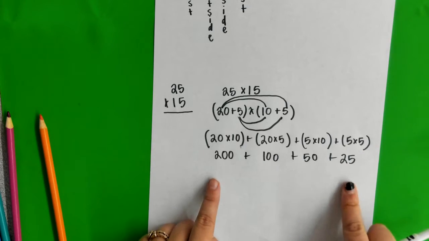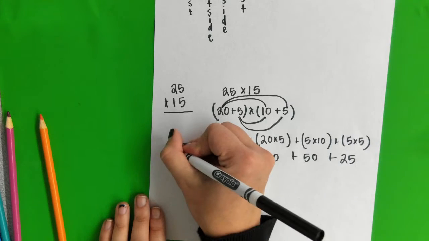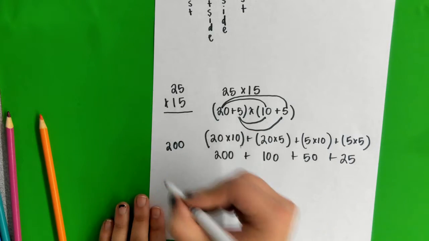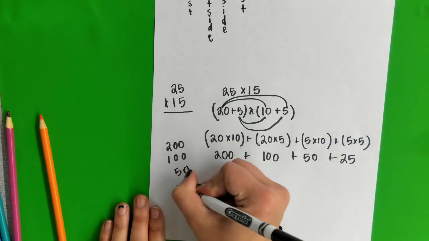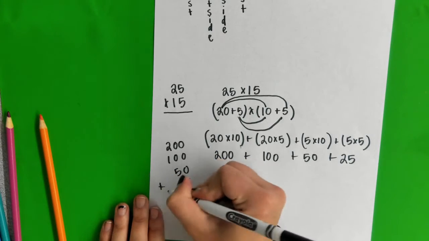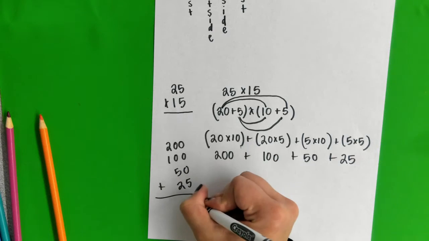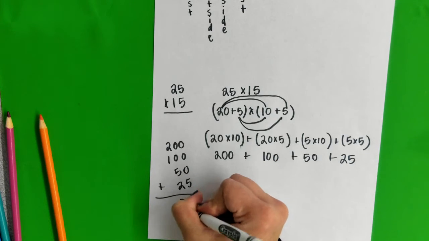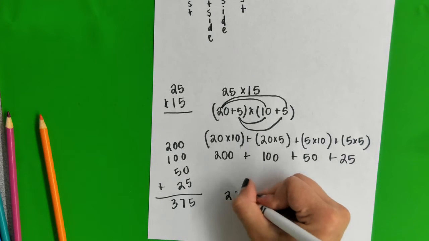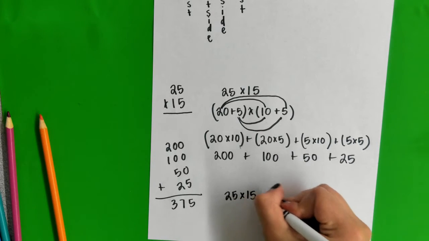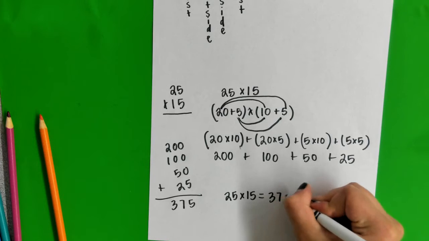Then I can take all of these numbers and add them up. So 25 times 15 equals 375.